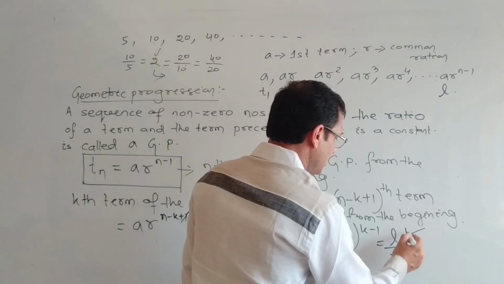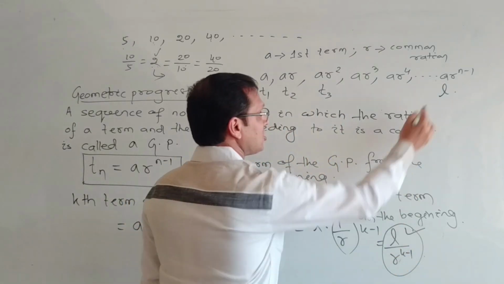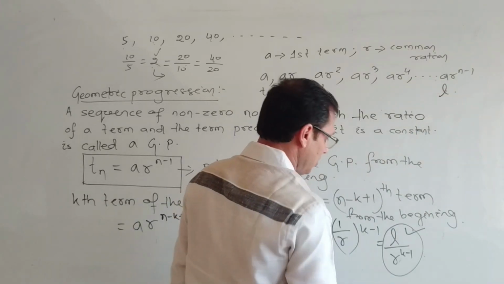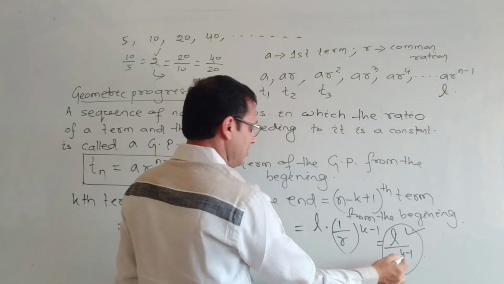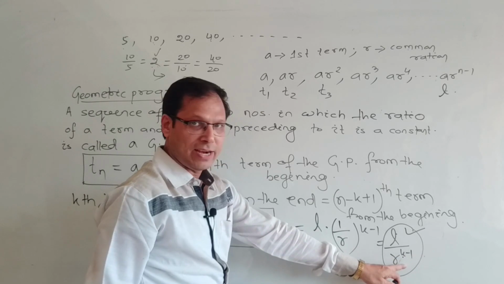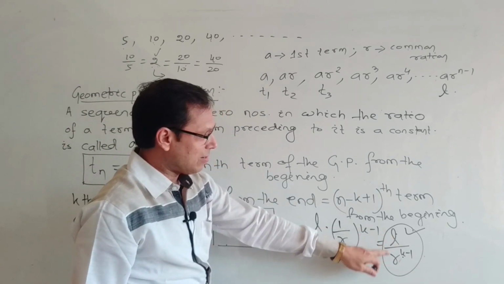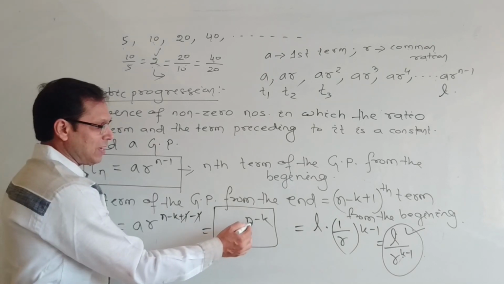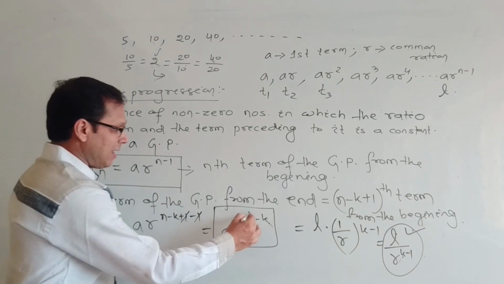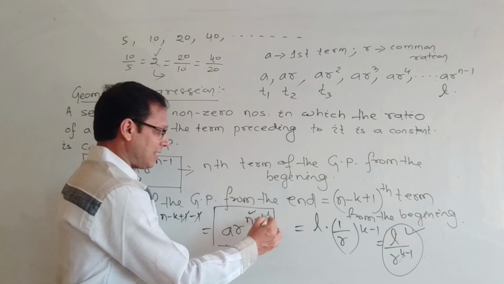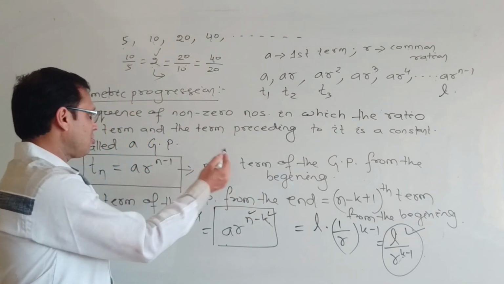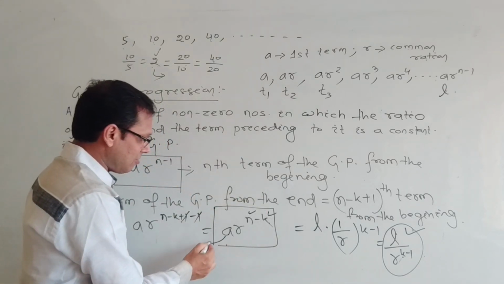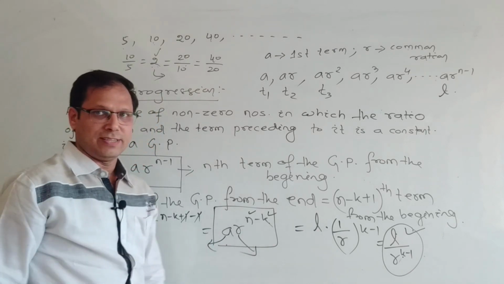So if L is the last term, that is the nth term of the GP, and you have to find the kth term from the end, you can find it as L by R to the power k minus 1, or with the help of AR to the power n minus k, where n is the number of terms, A is the first term, and R is the common ratio.